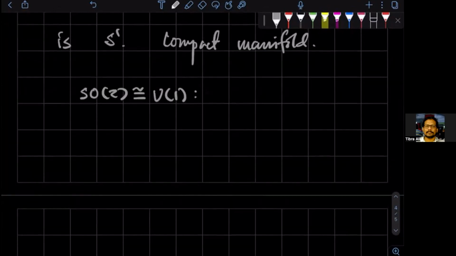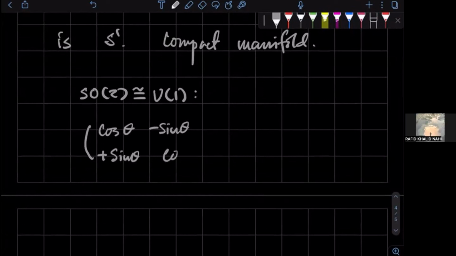And the isomorphism is that if I have, say, cosine theta, minus sine theta, plus sine theta, cosine theta. That's the matrix representation of complex numbers essentially, isn't it? Yeah. So this goes to e to the power i theta. This is the isomorphism. And of course, it goes both ways. Very good, Naeem.